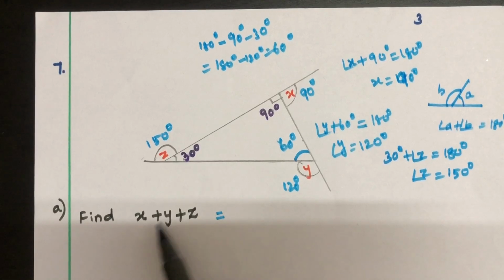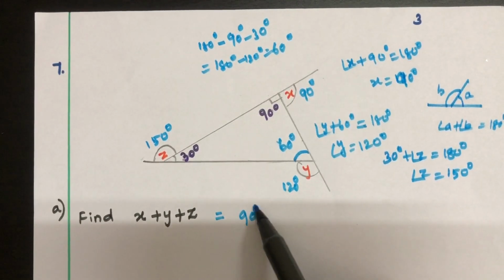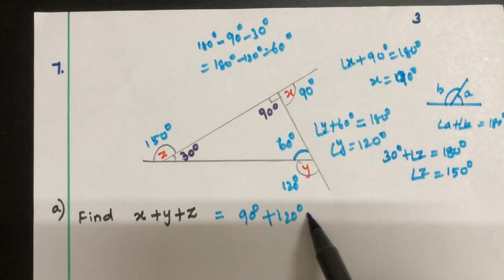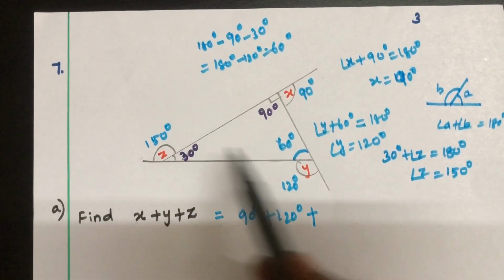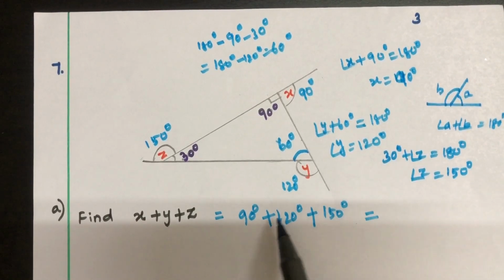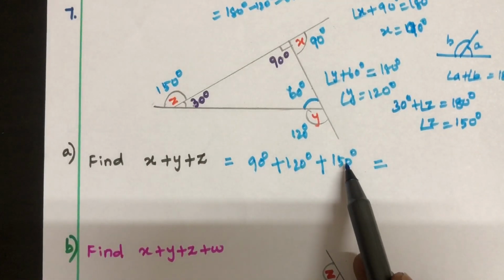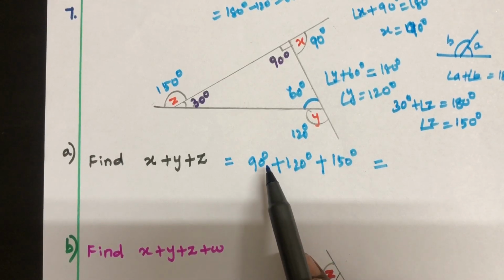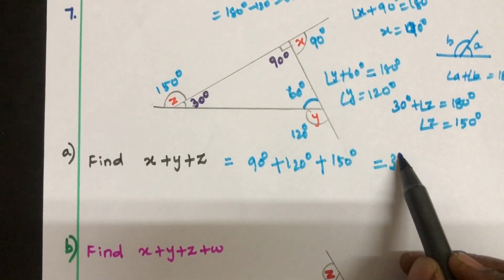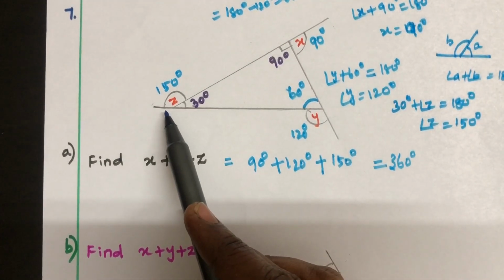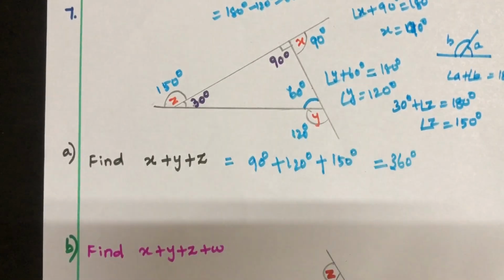So what is the addition of these? x is 90 degrees plus y is 120 degrees plus z is 150 degrees. It sums up to 200, 250, 270, 270 plus 90 is 360 degrees. So the sum of the exterior angles is 360 degrees for this figure.